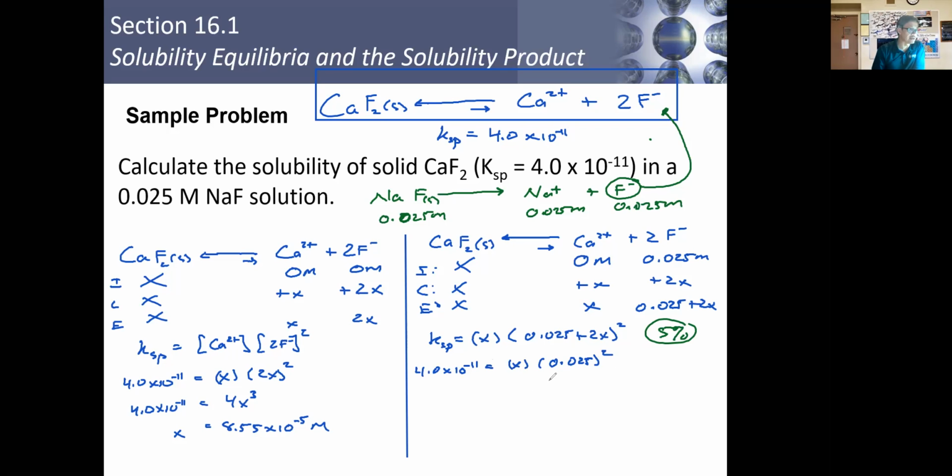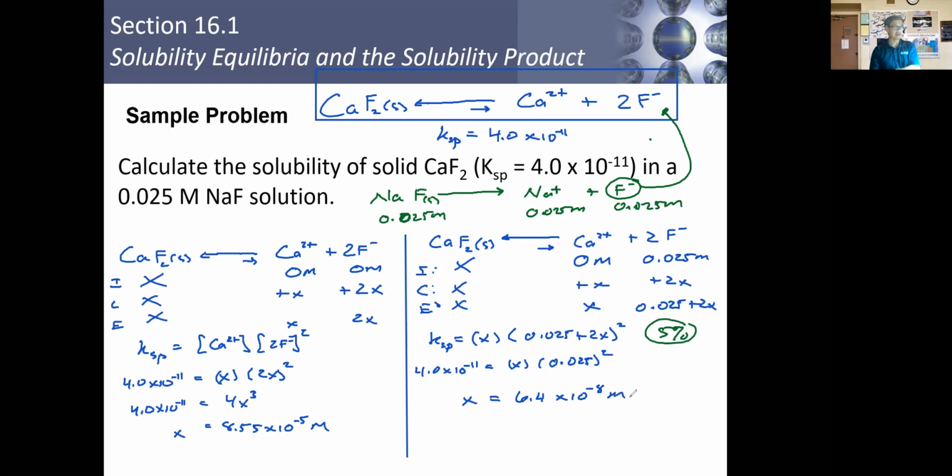Substituting that in and solving for X, I end up with 6.4 times 10 to the minus 8 molar.